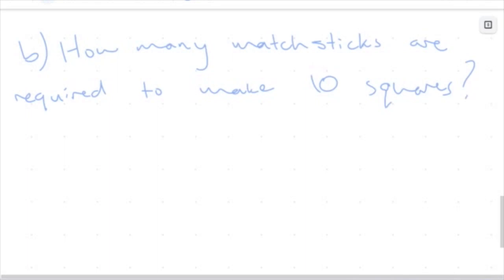Well, now that we've seen this pattern and we've found an equation or a rule relating these two, which was that y equals 3x plus 1, I can find all sorts of solutions to this.